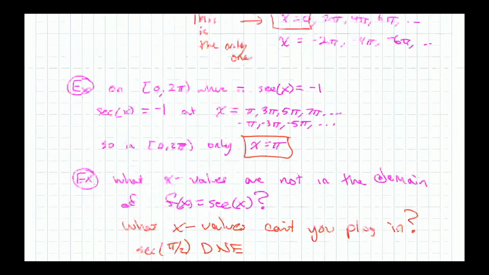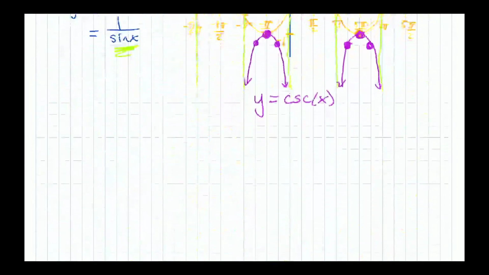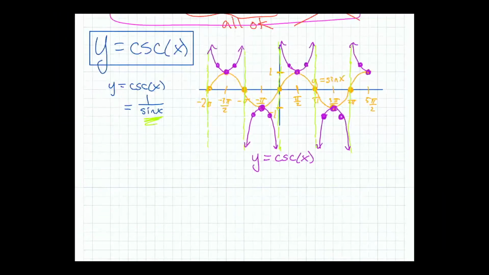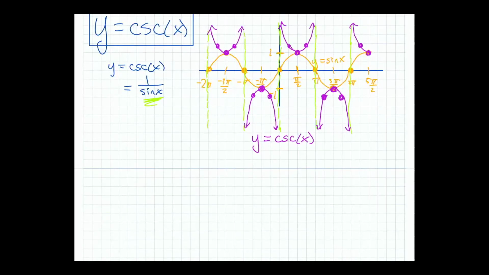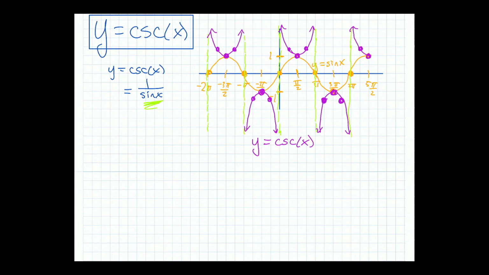Okay, so let's look at this. So let's just list the same kind of facts that we had to list for secant, for cosecant. So we know that the values not in the domain of cosecant x are all of the ones where you have those vertical asymptotes.